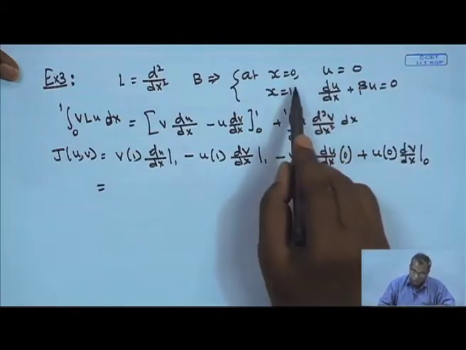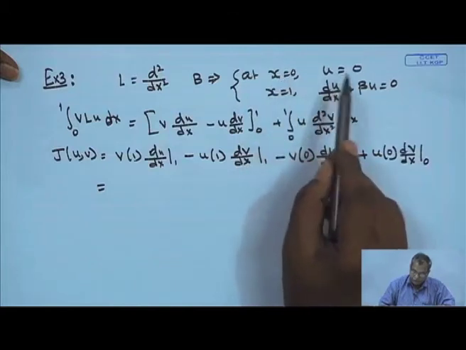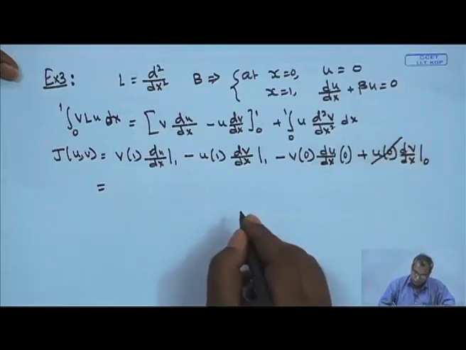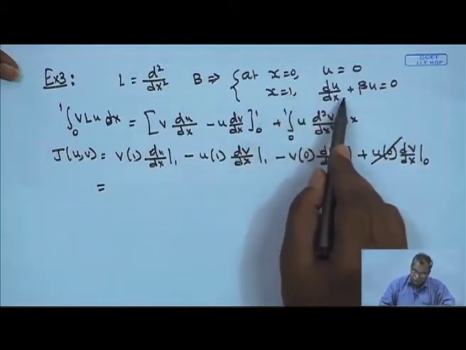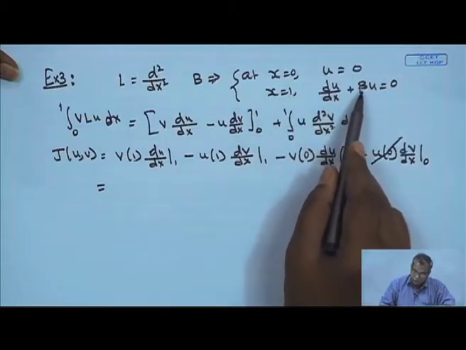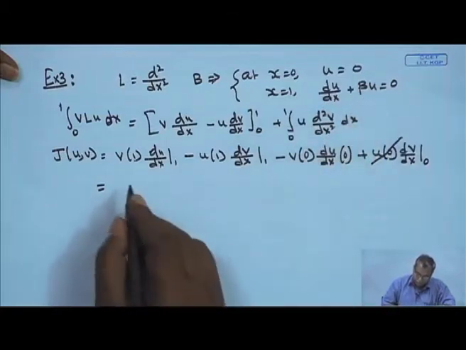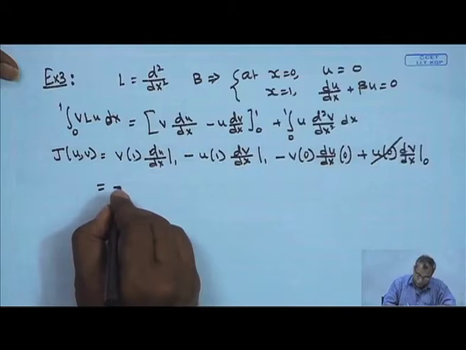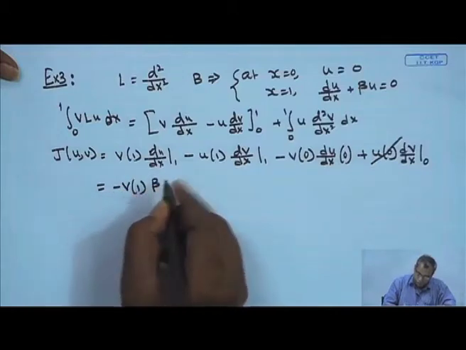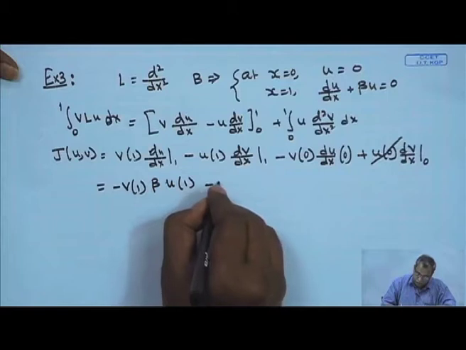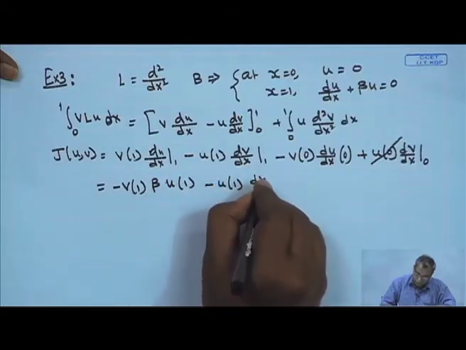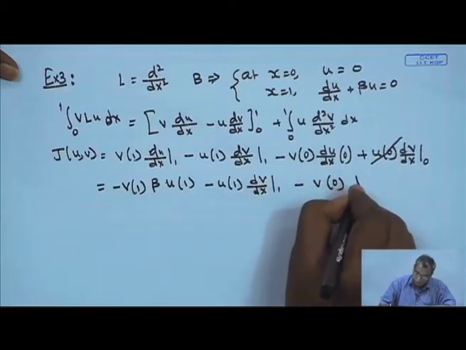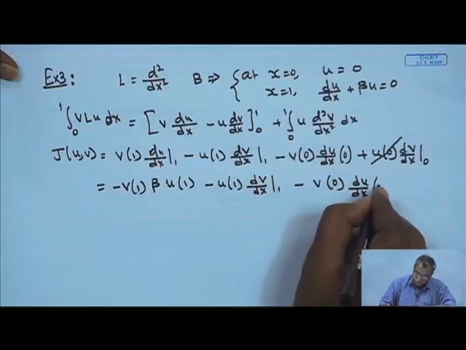Now, we already have in the boundary condition that at x equal to 0, u is equal to 0. So, at x equal to 0, u is equal to 0, so this term will be off. Now, at x equal to 1, du/dx is nothing but minus beta u. So, at x equal to 1, we write du/dx as minus beta u evaluated at 1. So, minus v at 1 beta u at 1 minus u at 1 dv/dx at 1 minus v at 0 du/dx evaluated at 0.